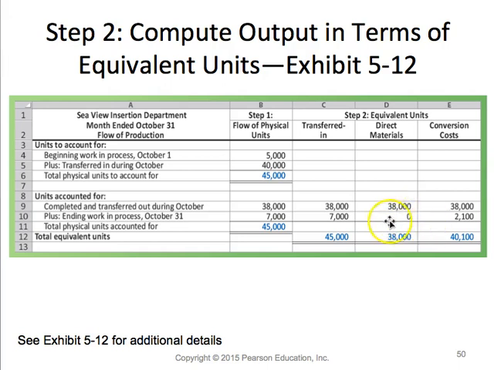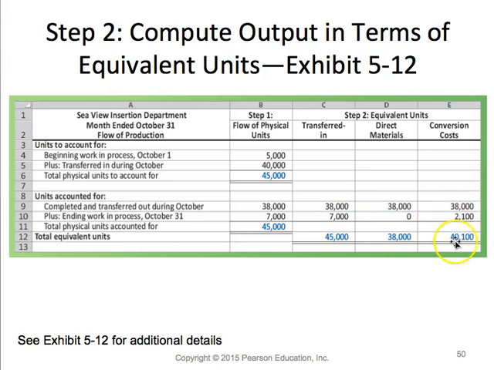So you don't have direct materials for the 7,000 units yet, but direct labor and manufacturing overhead are accumulated. We have finished 30% of this work in process, and 30% times 7,000 is 2,100 units.